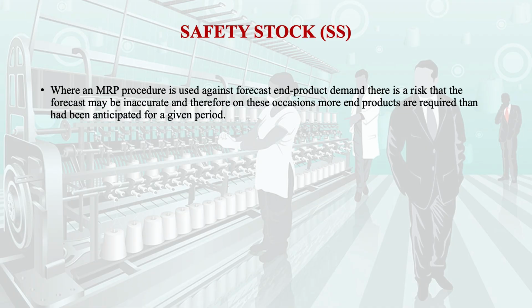Now we will talk about the safety stock, which is the second important factor for considering the MRP procedure. Where an MRP procedure is used against the forecast of product demand, there is a risk that the forecast may be inaccurate, and therefore on these occasions more end products are required than has been anticipated for a given period, because there may be a natural disaster, there may be a man-made disaster, and each time we need the safety stock.